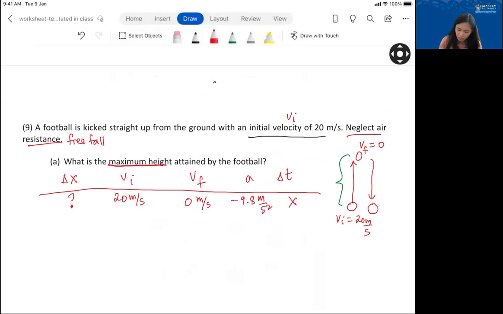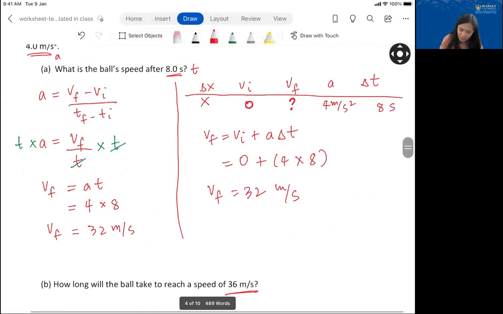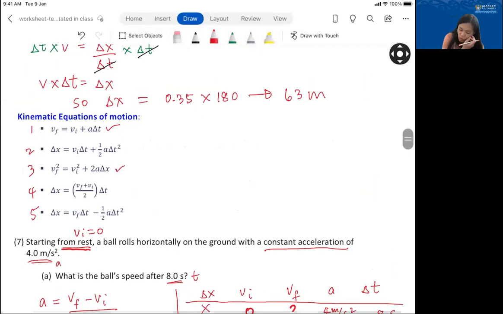We know VI, VF, and A. Looking at your kinematic equations, which equation should you use to solve for delta x? Anything that has delta t won't work because we don't know delta t. So only equation 3 works to find delta x.